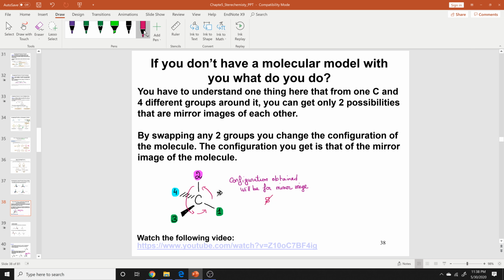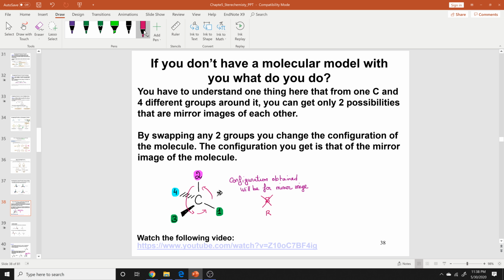So I'm just going to go ahead and cross it, because I did the swapping. And now my new configuration is going to be the opposite, so it's going to be an R. My configuration for the molecule is basically going to be an R. So by swapping any two groups, you change the configuration of the molecule.